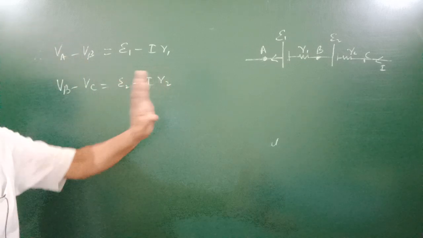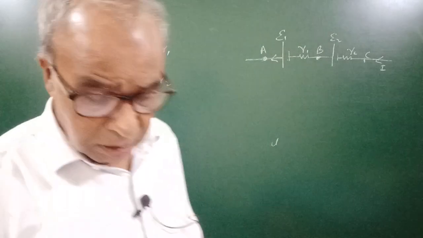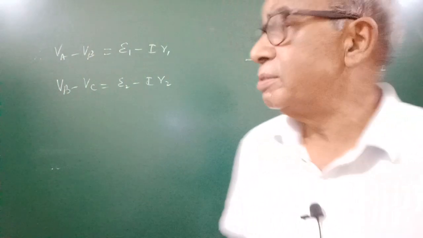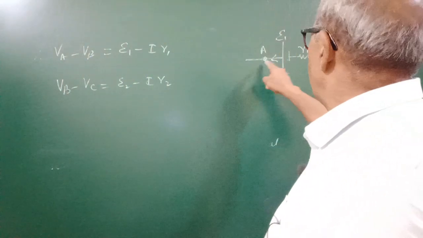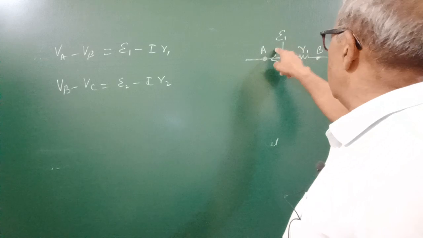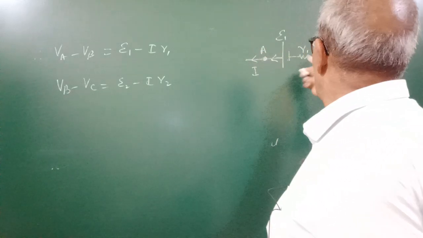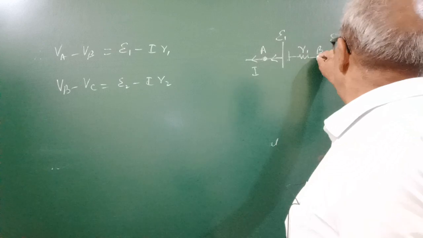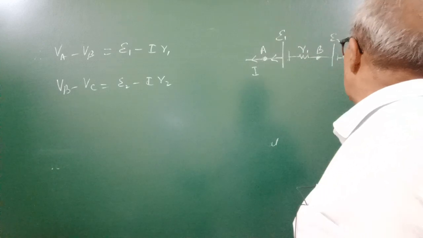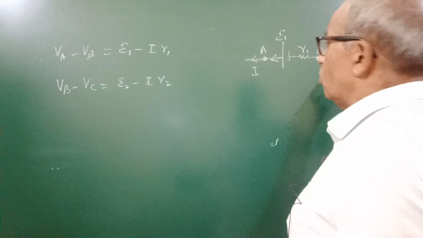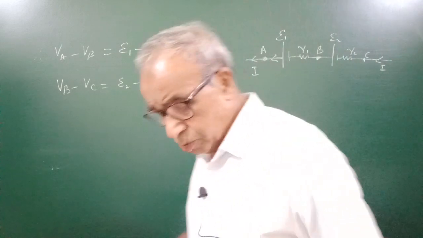I think there is no trouble in this writing. It is simple to understand. VA minus VB equals E1 minus IR1. VB minus VC equals E2 minus IR2.